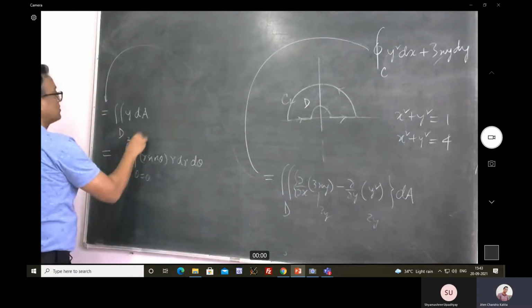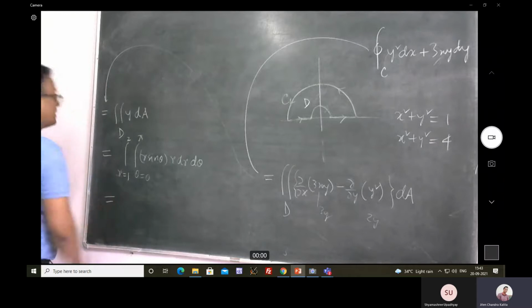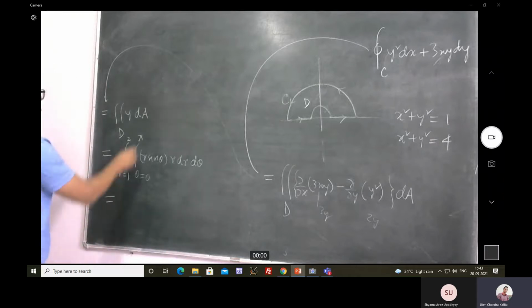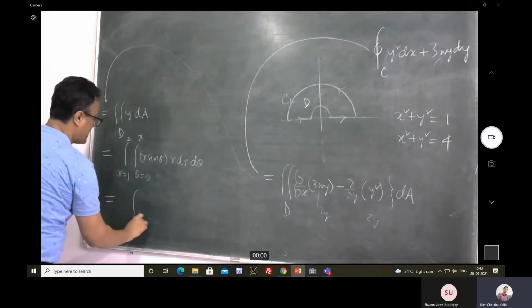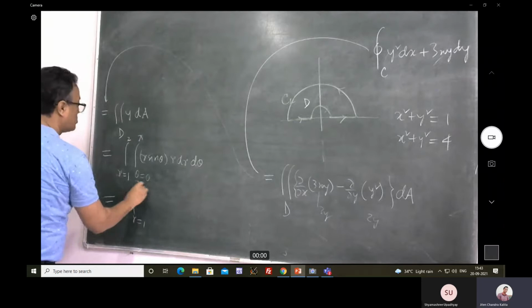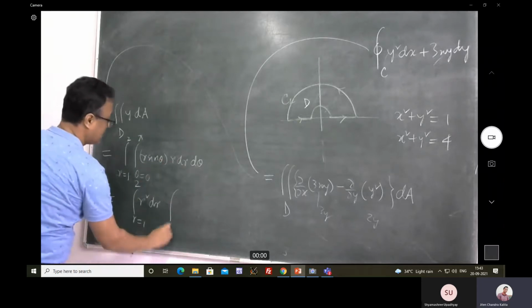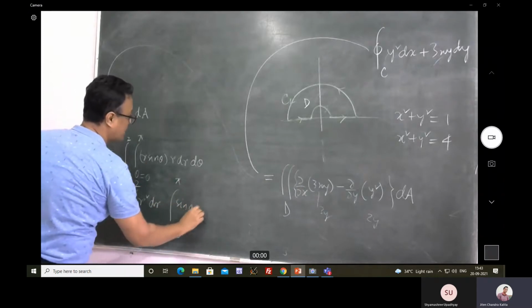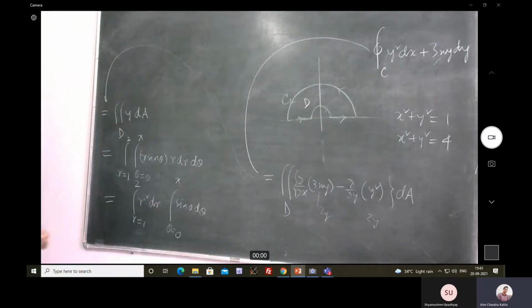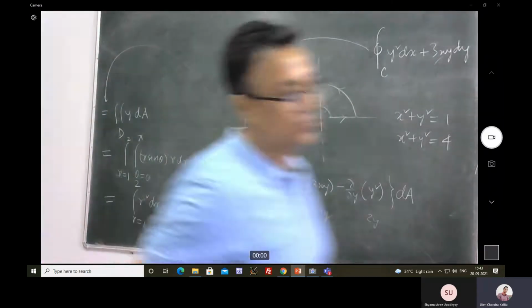The variables r and theta are separable here because the limits are fixed. So I may write it as the integral of r squared from 1 to 2, and theta from 0 to pi of sin theta d theta, and you can easily integrate it.